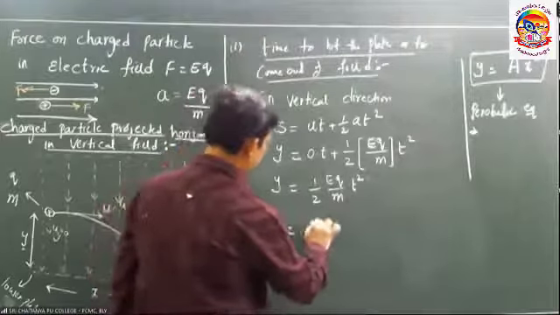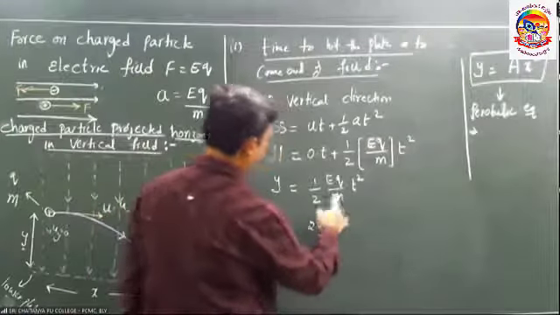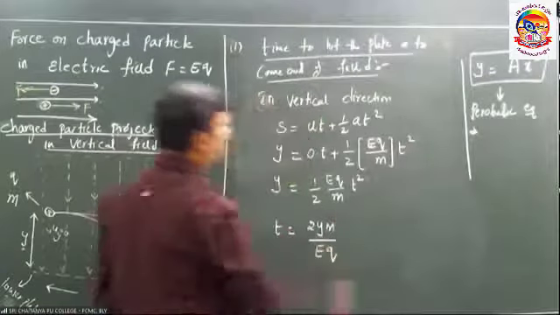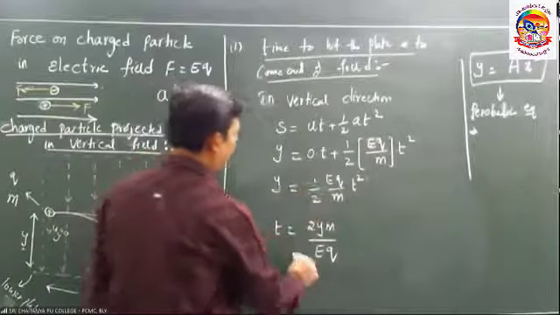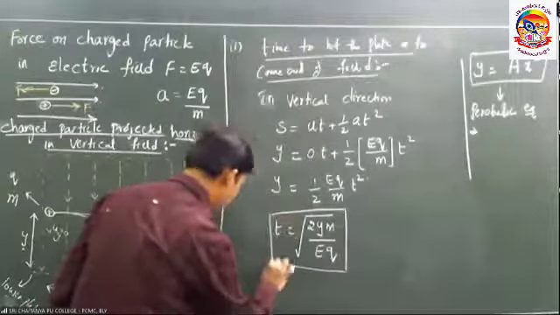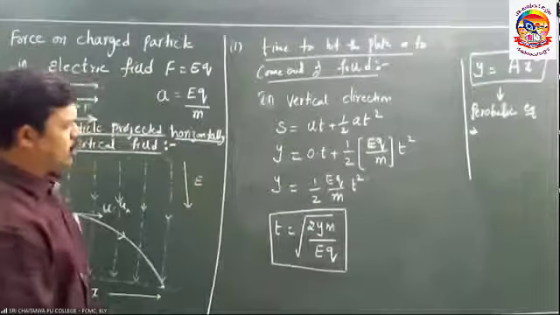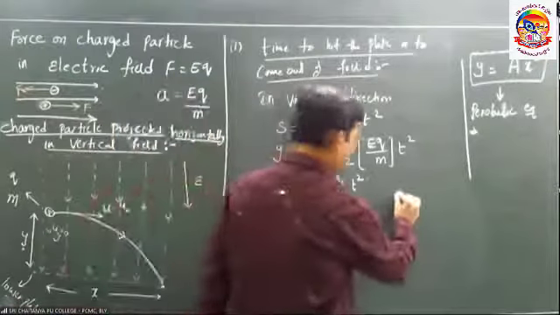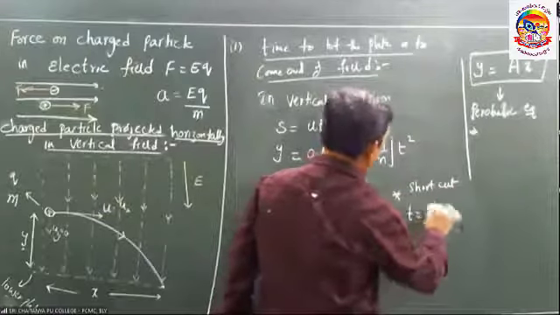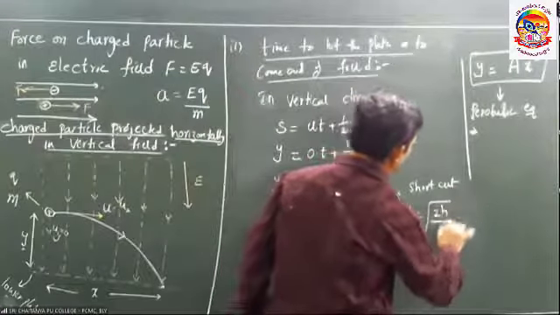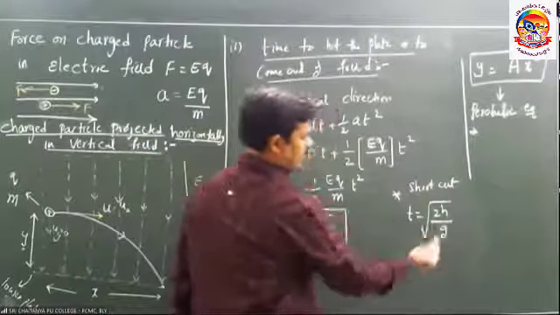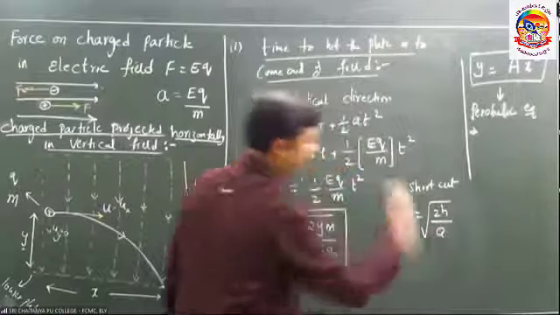t is equal to root of 2ym by EQ. To remember it as a shortcut, you know the formula t is equal to root over 2h by g in gravitational field. Here, acceleration is Eq by m, in place of g.